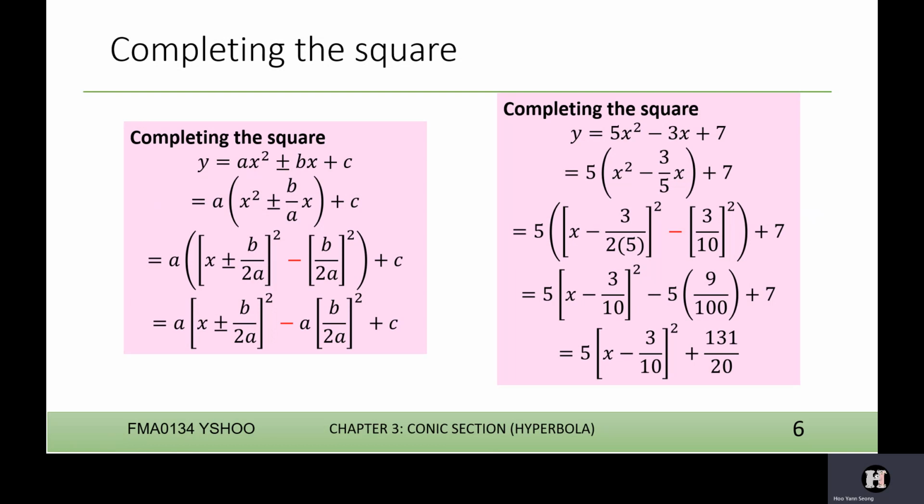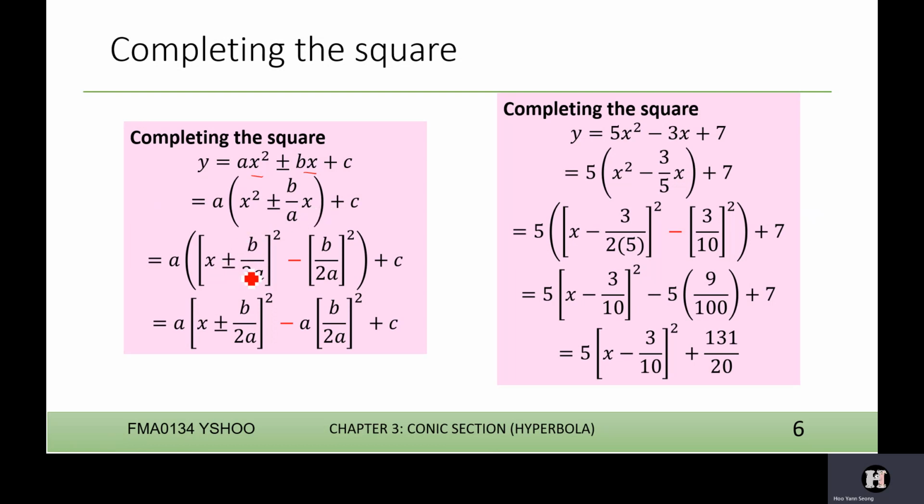If you look at completing the square, let's say we have a standard equation, y equals ax squared plus minus bx plus c. Most of the time we don't care about c, because we only care about the terms with x. The first step of completing the square is to factor out the a, copying back the plus minus, so we have b over a x.